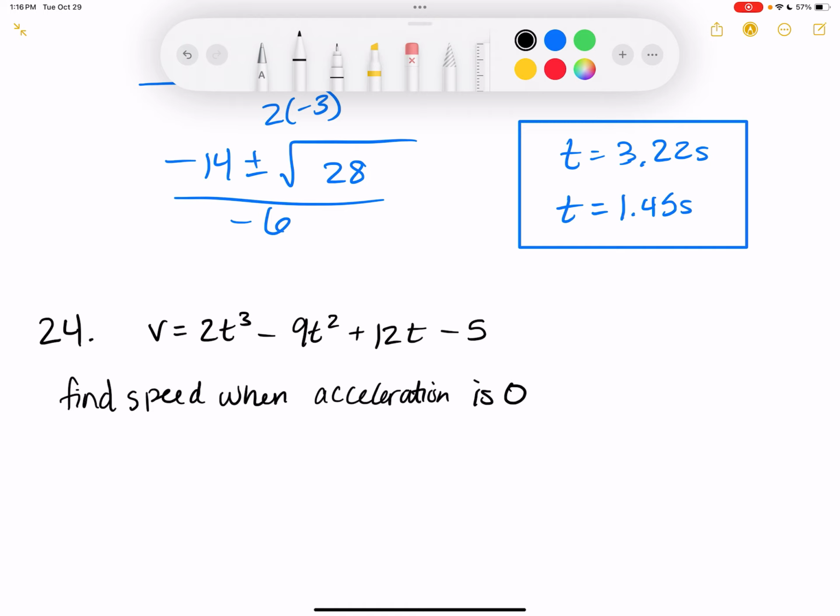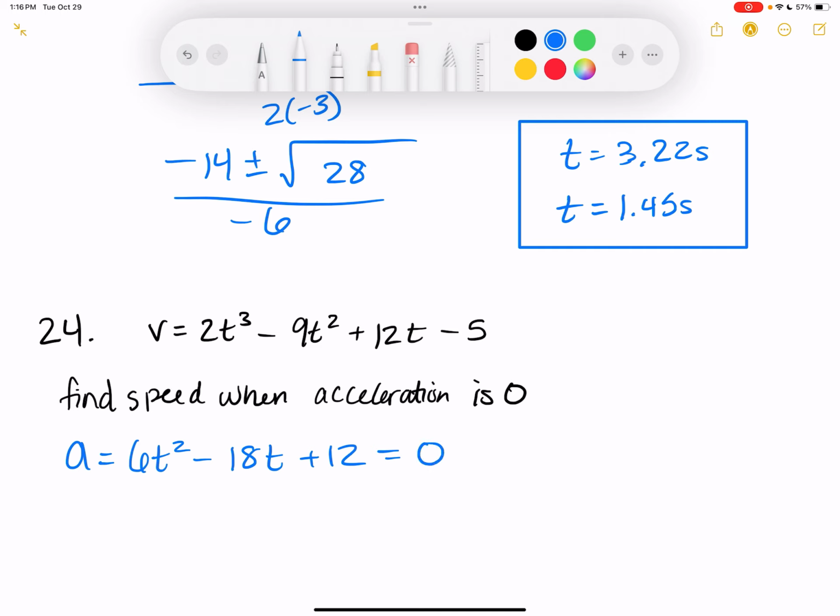What is it? Derivative. Okay, so I need to take the derivative of this because this is velocity. So I need acceleration. The derivative of velocity is 6t squared minus 18t plus 12. Now I set this equal to 0.